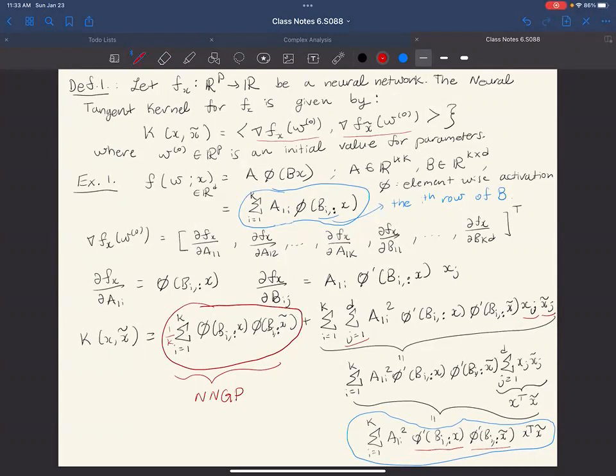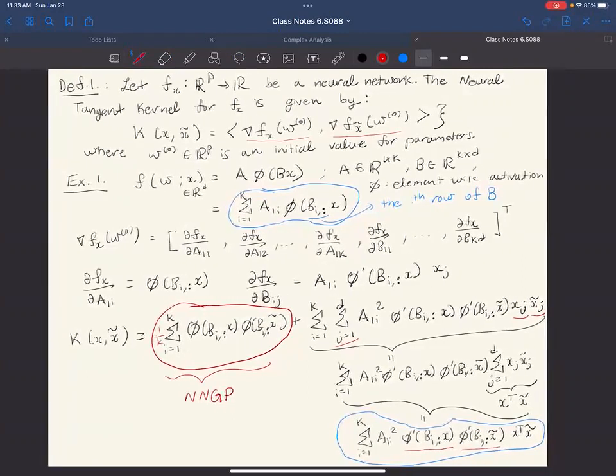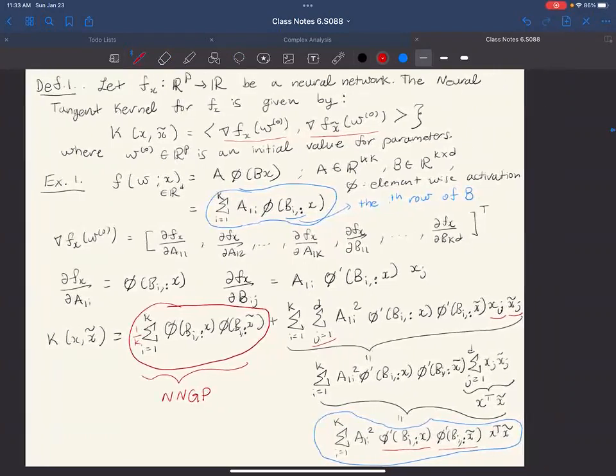But this is just a simple computation of writing down all the partial derivatives and what this neural tangent kernel actually looks like. So let's now do this calculation again, where we introduce these 1 over k terms and see what we get.